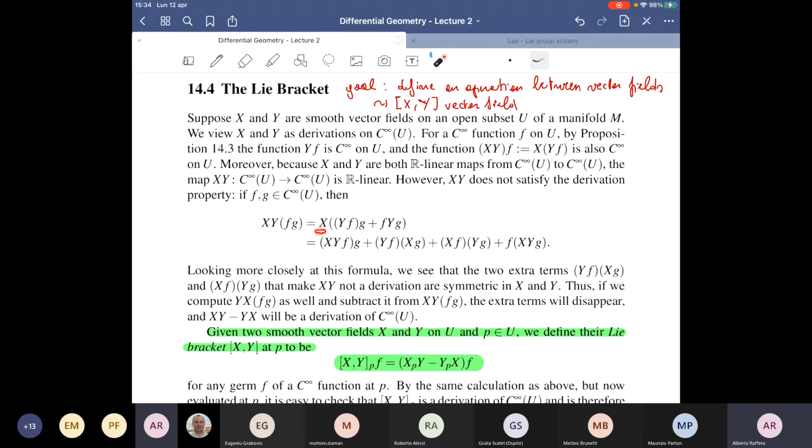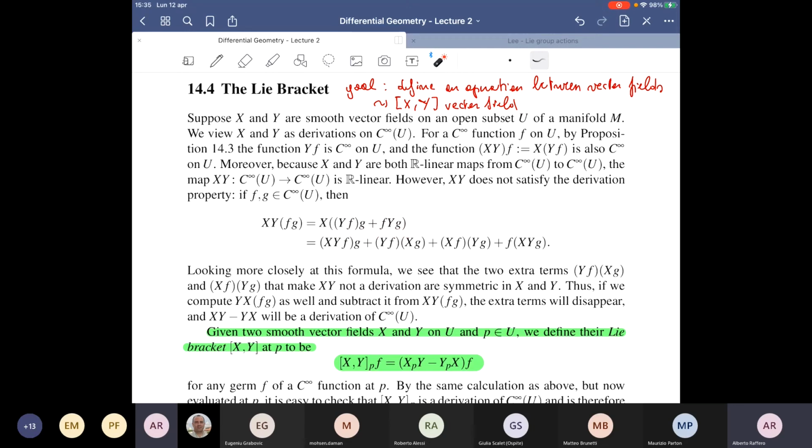Then apply X to this function, and again you use the Leibniz rule. As you can see, you would get first the derivative of this function, which is this one. Then you get this function times the derivative of g taken with respect to X, and the same for the second summand.